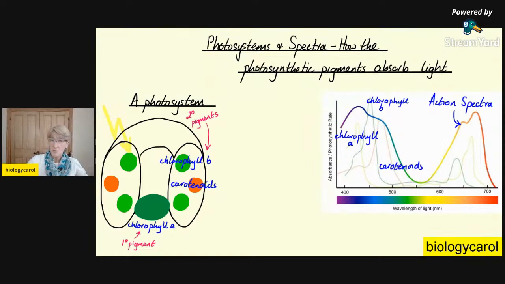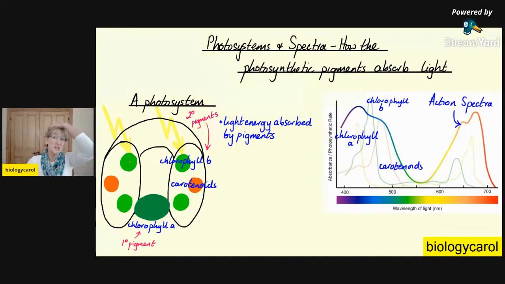Light is absorbed by the secondary pigments, chlorophyll B, carotenoids. And this light energy causes electrons in these pigments to get excited. If you remember your GCSE chemistry, they go up energy levels.